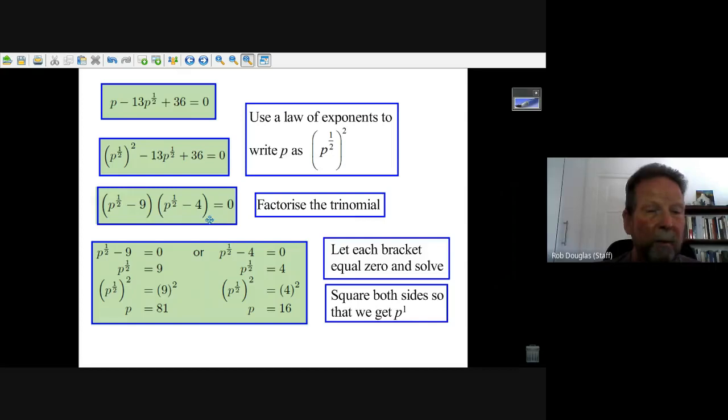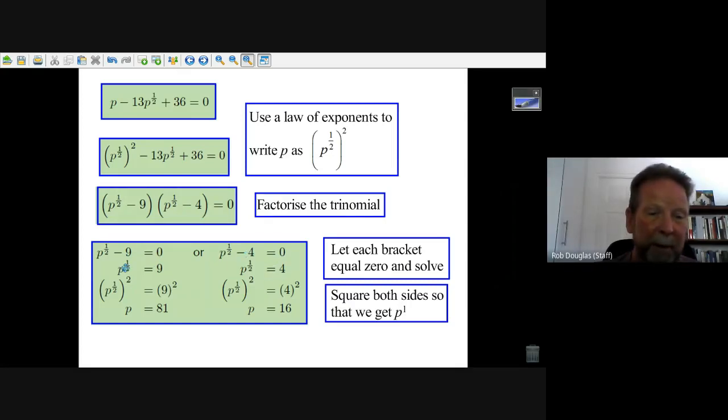So you just do FOIL on it. It's just like a regular trinomial. It just looks a bit scarier. Now these two parts must equal 0. P to the half minus 9 must equal 0, and p to the half minus 4 equals 0. Two ways to make this 0. Then you add 9 here, you add 4 here.